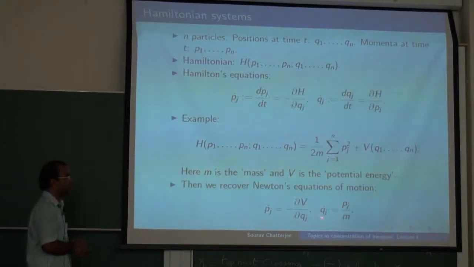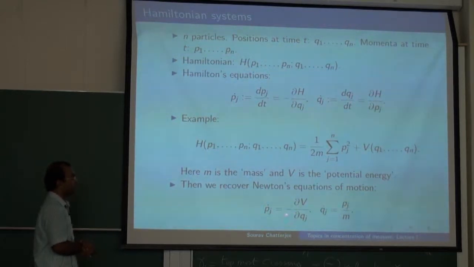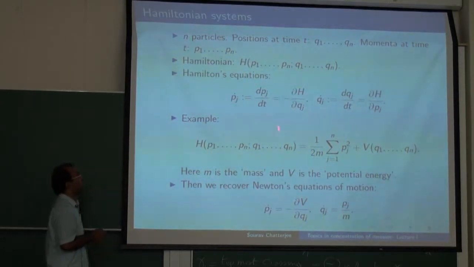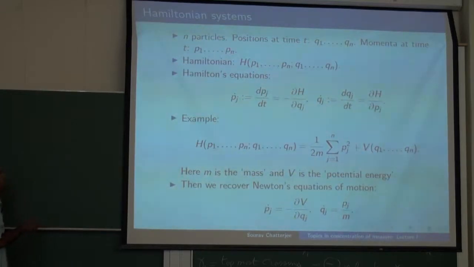The rate of change of the position is the momentum divided by m, and the rate of change of the momentum is mass times acceleration, so this is the force. So these are Hamiltonian flows. These are 2n variables, and they're flowing over time, and these equations govern the flow.